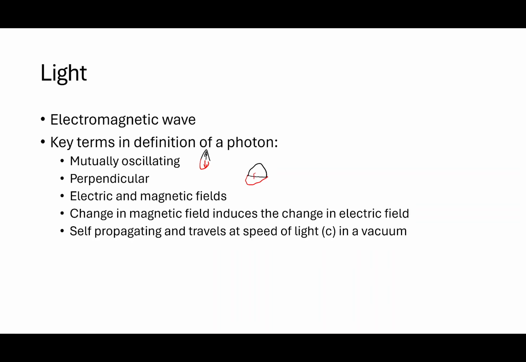The change in a magnetic field induces a change in an electric field, and we'll cover that later. And this is why it is self-propagating. So the induction from a magnetic field to change in an electric field implies and causes the self-propagating nature of light. So that is why it can travel in a vacuum, and you need to mention that it travels at the speed of light, c, in a vacuum.